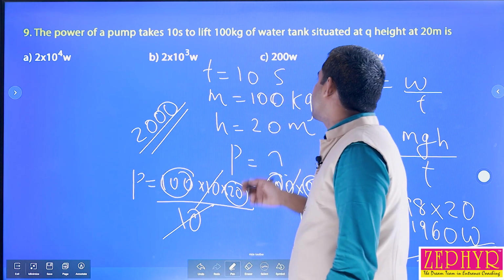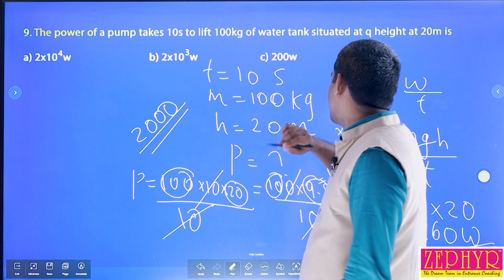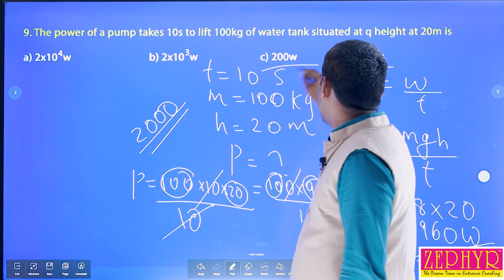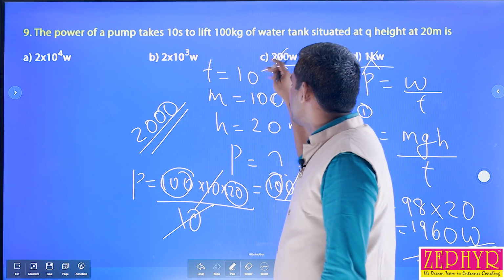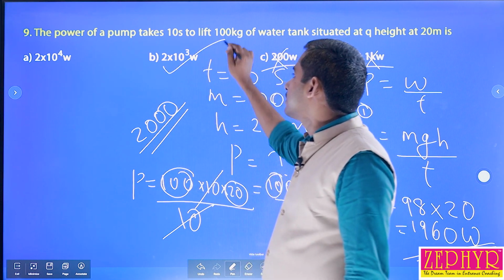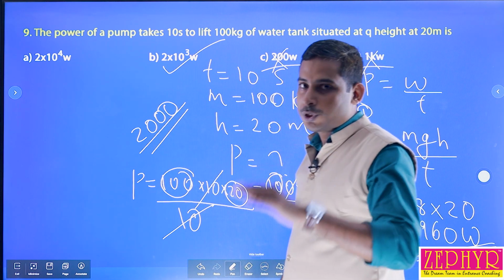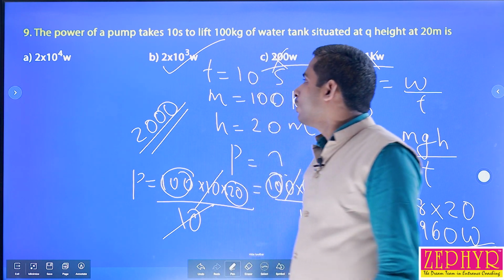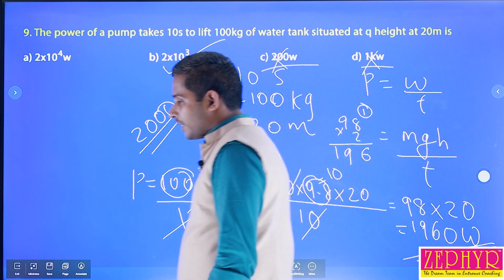Okay. So 2000 is here, 1 kW is 1000. This is 200. Those options are omitted. Then the option number 2, B, 2 into 10 cube watt, that is the final answer.